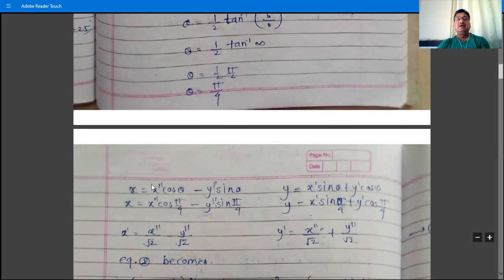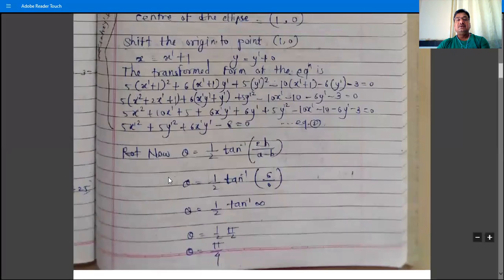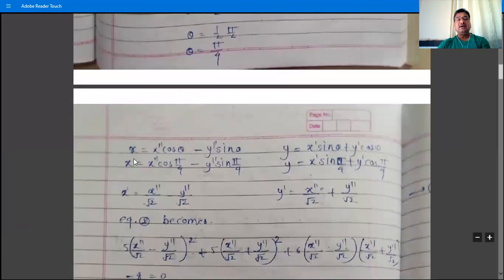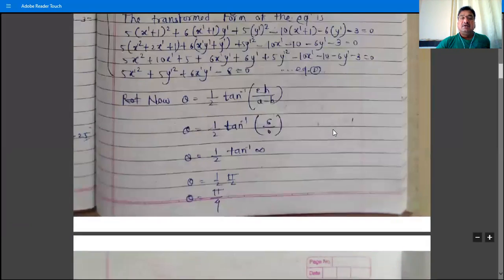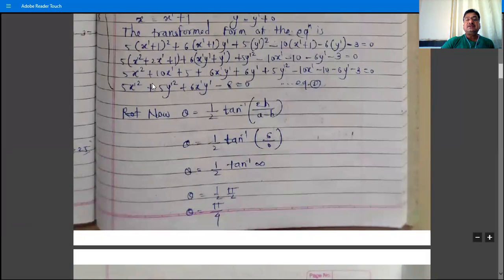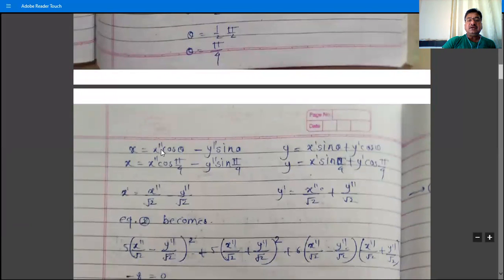So use the formulae of rotation. What are the formulae for rotation? x is equal to x dash cos theta minus y dash sin theta, and y is equal to x dash sin theta plus y dash cos theta. But there are already the notations x dash and y dash in this equation number second. So use the formula x dash is equal to x double dash cos theta minus y double dash sin theta, and y dash is equal to x double dash sin theta plus y double dash cos theta.